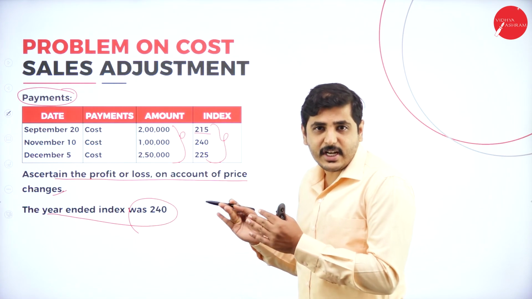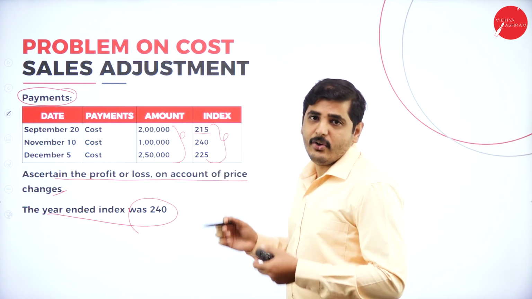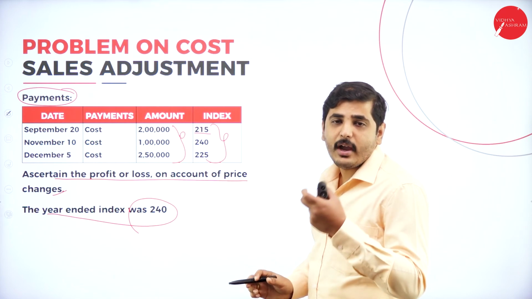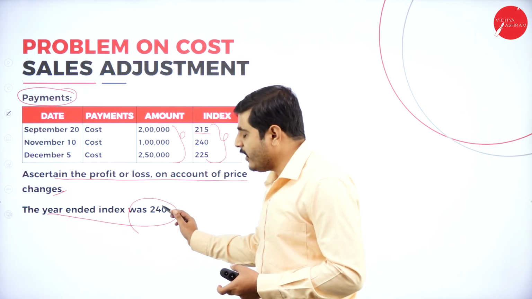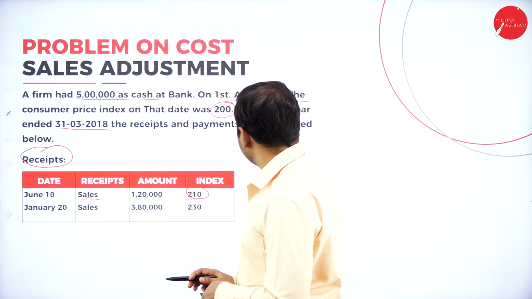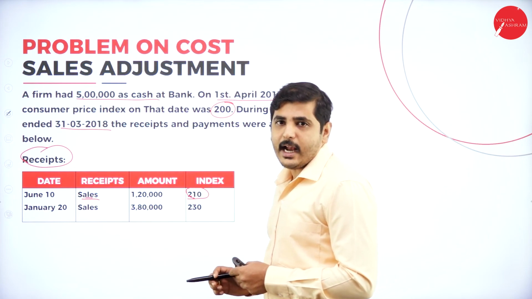That means inflation has increased from 215 to 240. When the inflation is 215, the amount is 2 lakh rupees. So what is the amount when the inflation rises to 240? Here also, when the inflation is 210, the amount is 1,20,000.